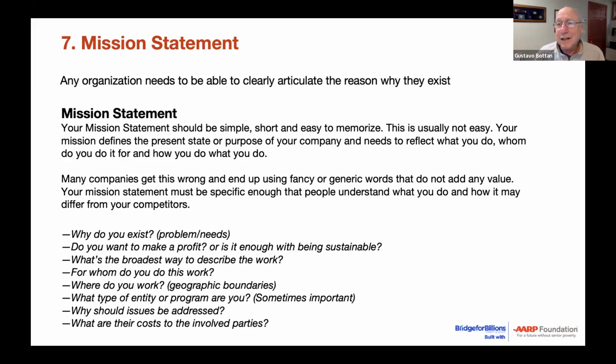Why do you exist? This has a lot of parallels to the for-profit steps, or the modules, that we did before. What problem are you solving? Why do you exist? How can you increase the breadth of your offer or the people that you reach, et cetera. So these are the things that all apply for you to describe your mission statement.